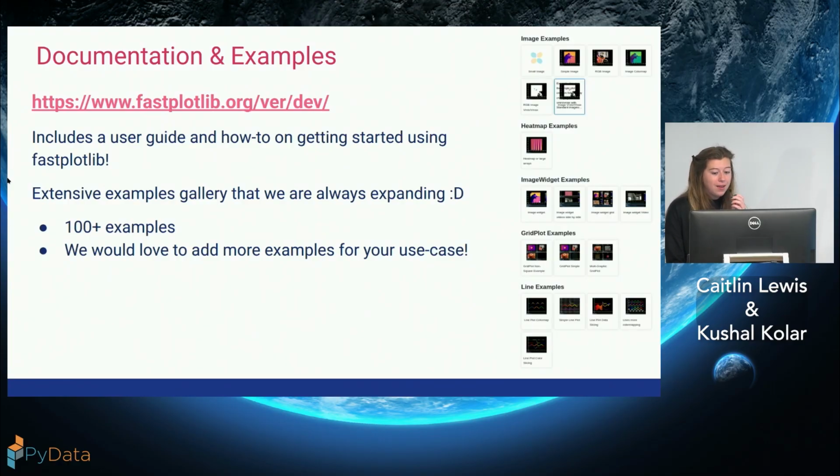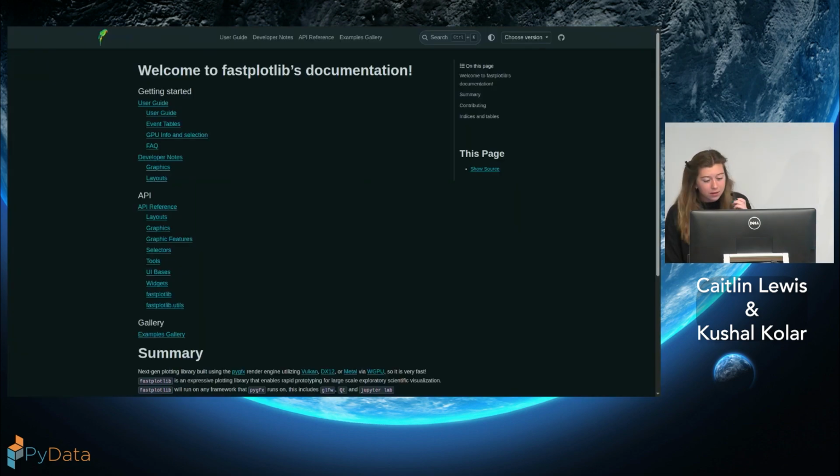But another big thing is that we do have in our repository a lot of examples of showing just the basic things and how to get started, and we're always adding examples to this all the time. So if I just click on this, so I can see it as well.